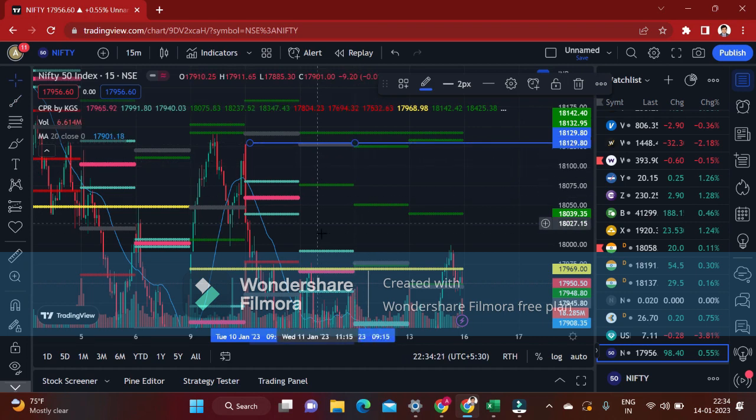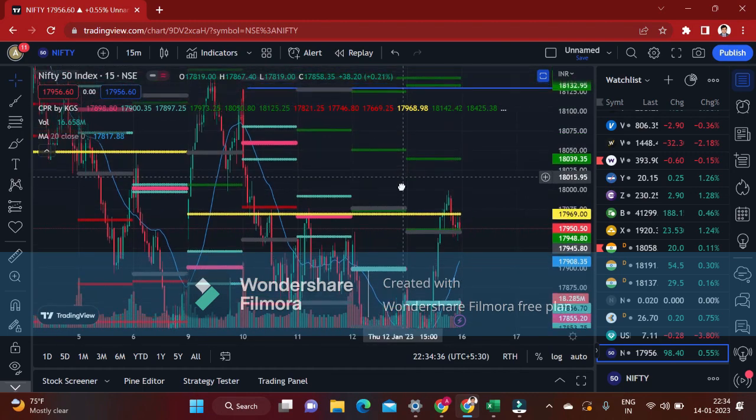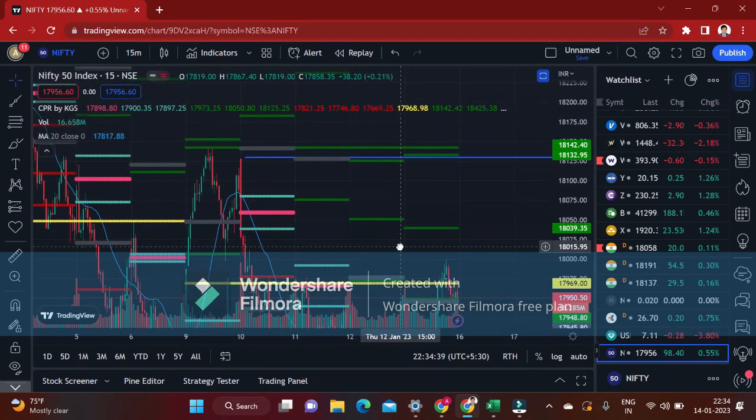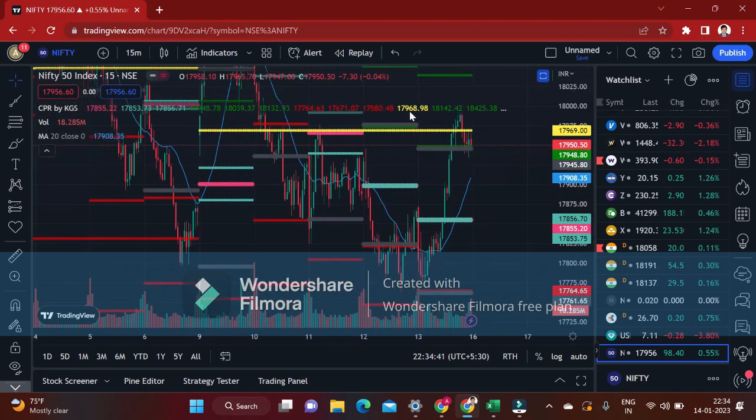From here the market can resist. If the market comes up to here and a bearish signal is produced, there is a chance of the market coming down. You have to select like this. Similarly, you have to go to the bottom and check where the market can find support.